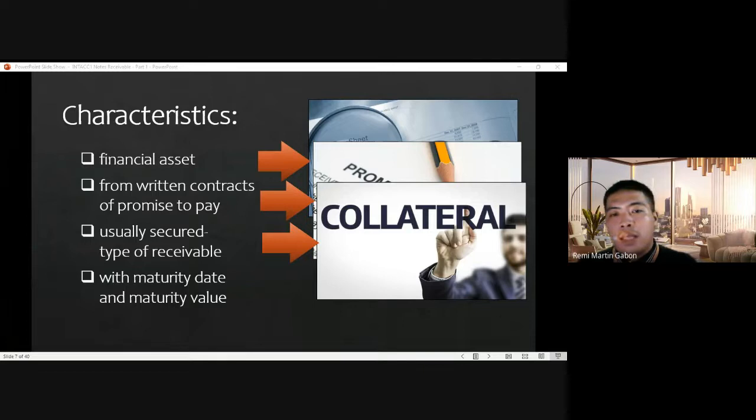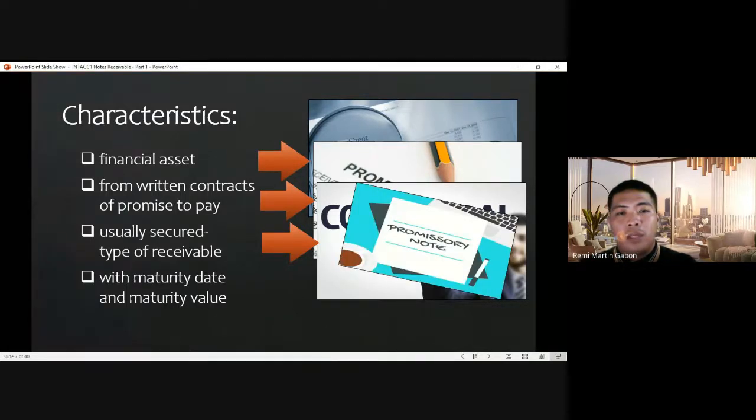But aside from that, which is somewhat optional depending on the contract or the agreement of the lender and the borrower, usually it is secured because already of the presence of the promissory note. The presence of the promissory note will assure that the holder of the promissory note is guaranteed for the payment.